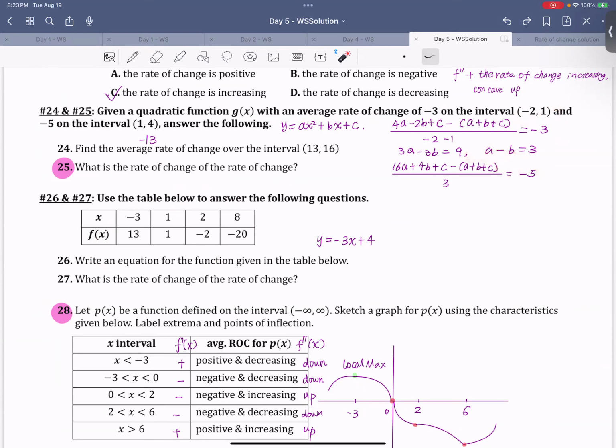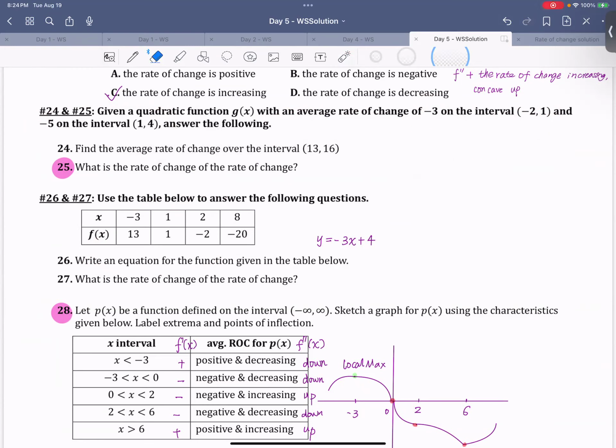So you should do f of -2 minus f of 1 over -2 minus 1 equals that slope. And then you have to do the other one equals that slope. And then you solve the system of equations to get your A and B. Okay? And then you find your quadratic. Go. 24. I already gave you the hint. You should be able to do it.